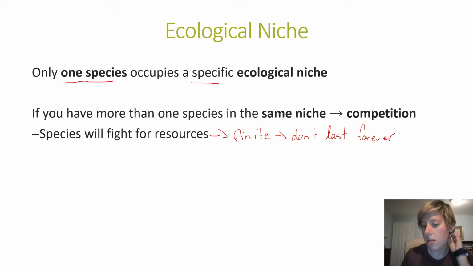And you can think of it as, let's say we had, for instance, two species that both ate grass.